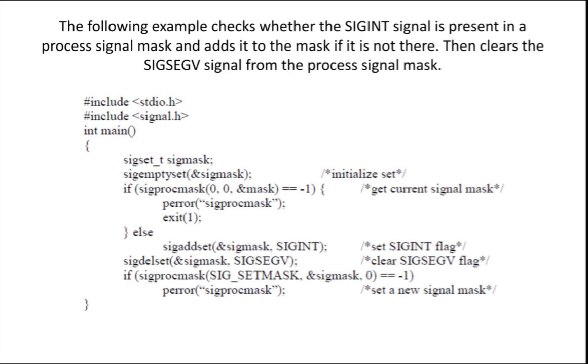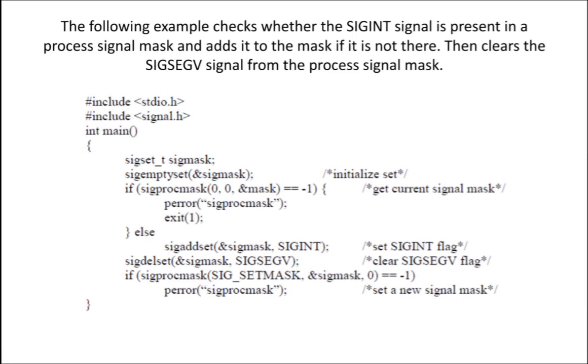I'm initializing the signal mask. First I am checking whether my signal mask is empty or not. That's why I am using the function sigemptyset. Getting, guys? Next I am checking whether the signal mask is present or not. That's why I am using sigprocmask. Sigprocmask is used to query or to set the signal mask.